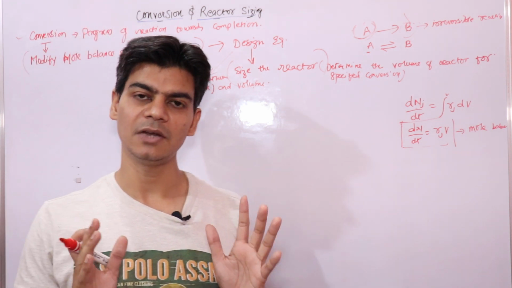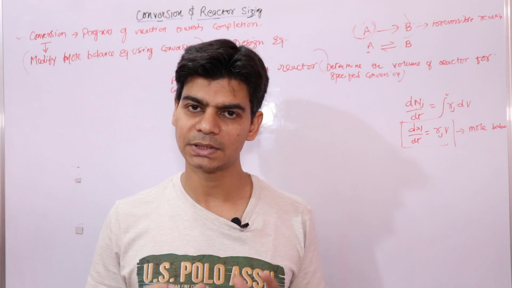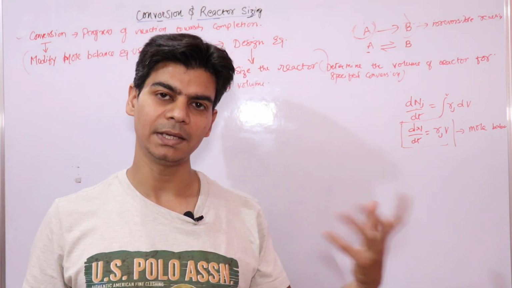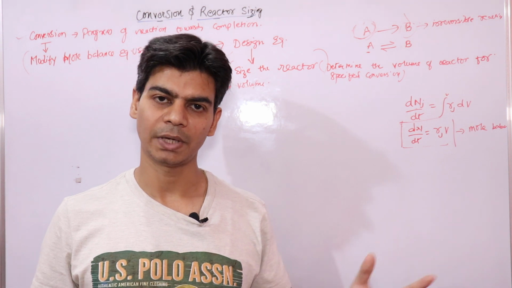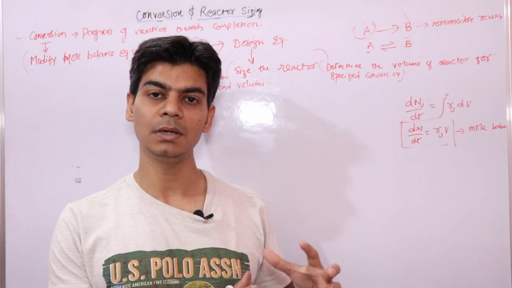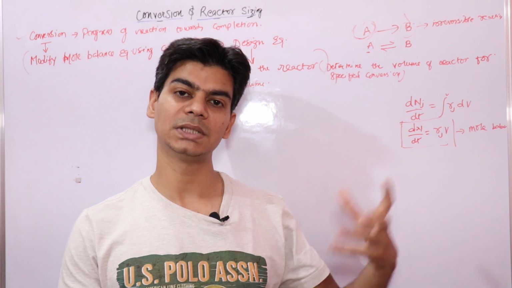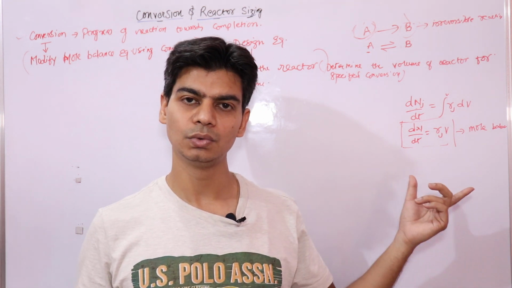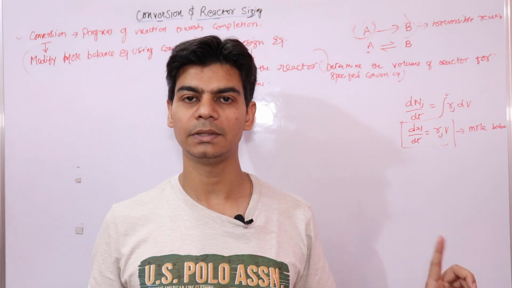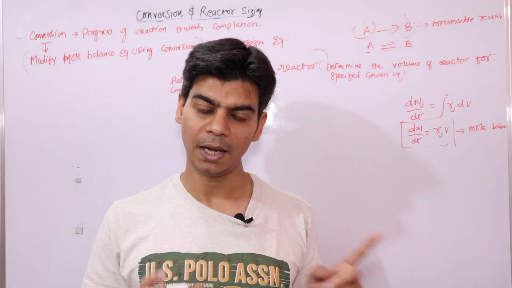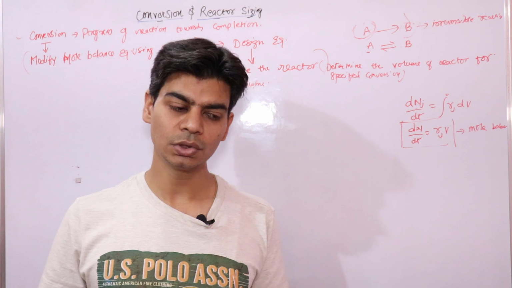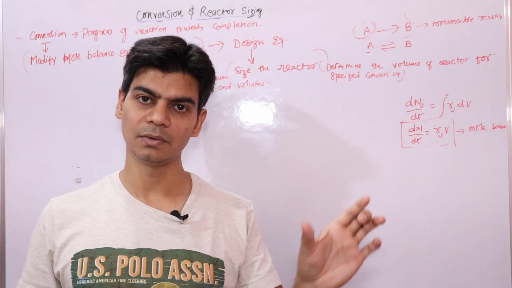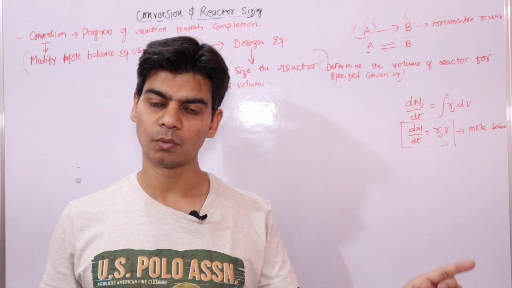If you remember, we have studied this in the previous chapter, that when we derived the general mole balance equation, we said that this equation can be used to design the reactors. The general mole balance equation can be used to generate design equations for reactors, and it is used to find the time and the volume.